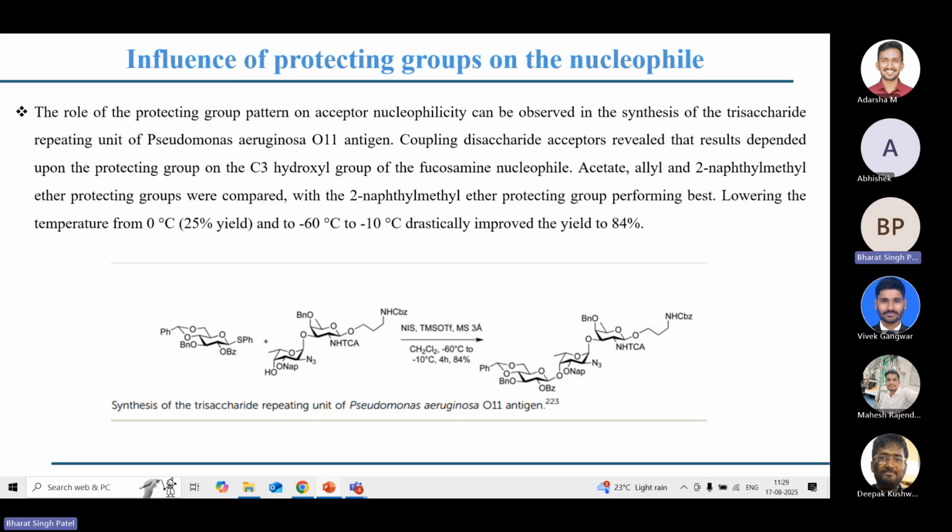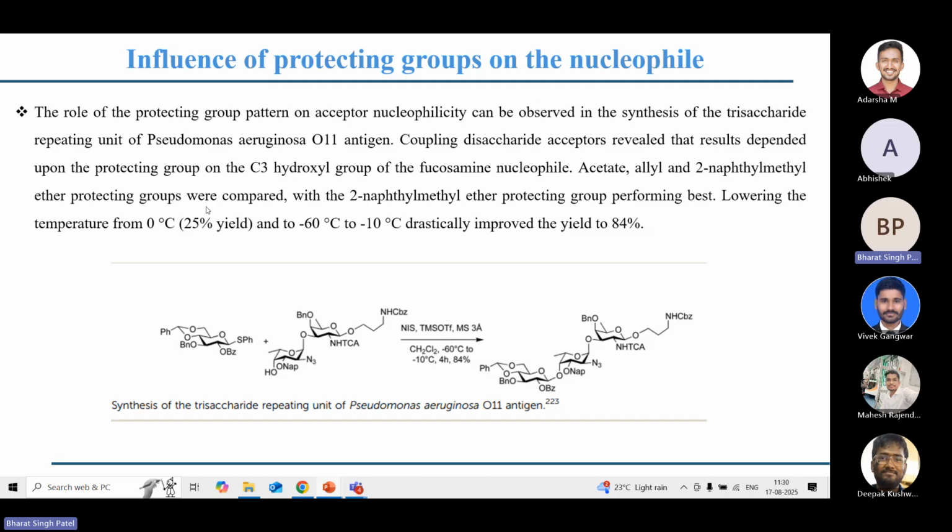And the protecting group at the neighboring hydroxy group also alters the reactivity and the stereochemistry. Here is the synthesis of the Pseudomonas aeruginosa O11 antigen. In this case, this naphthyl group near this C4 hydroxy group, if they took acetyl or allyl, in those cases the yield was very poor and the stereochemistry was not good.